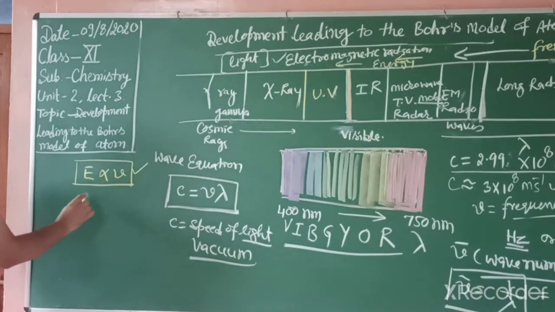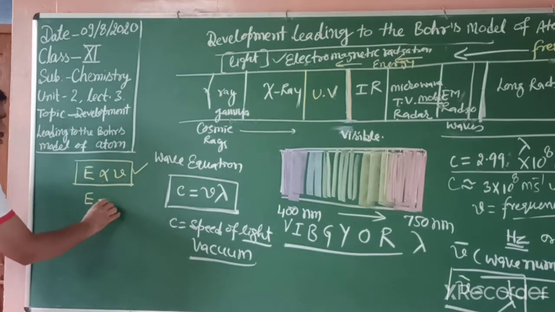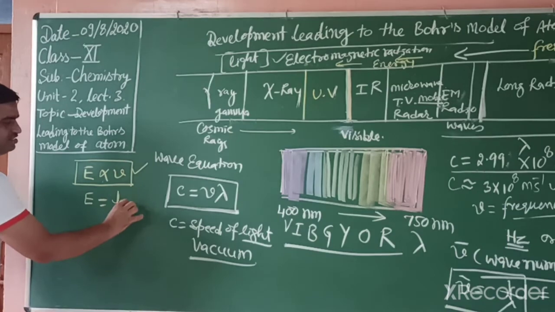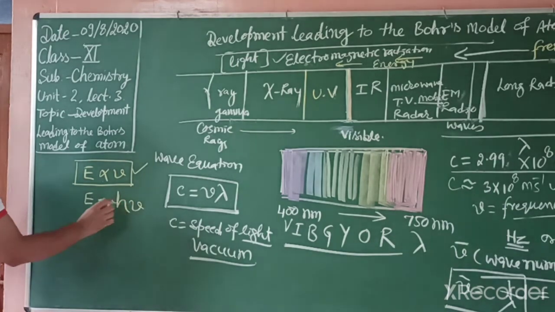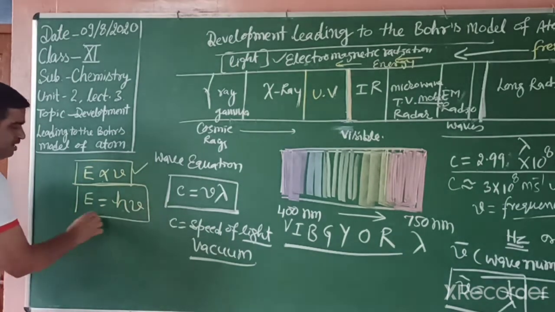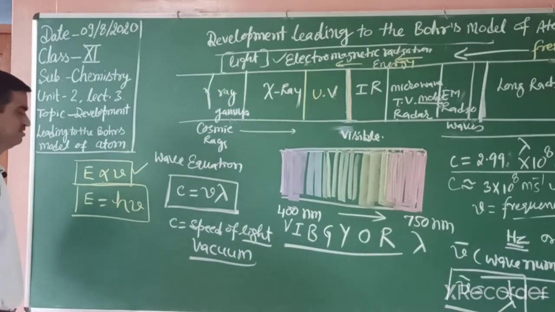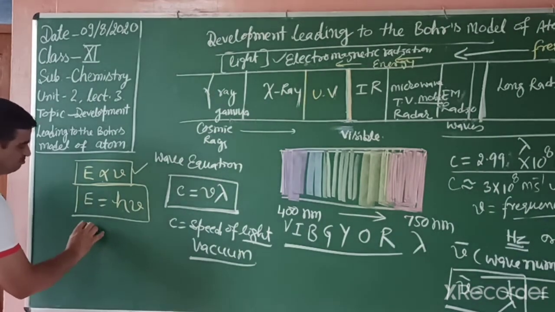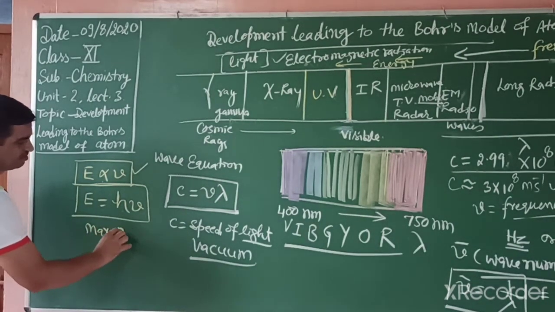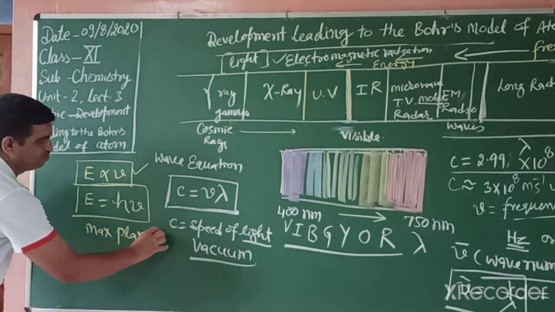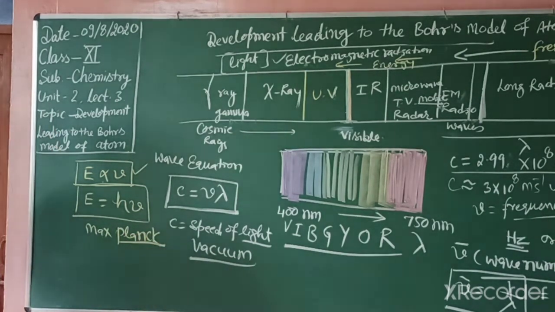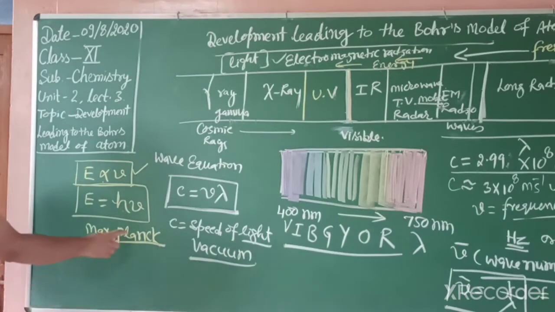When we remove this proportionality sign, then we write a proportionality constant, that is E is equal to h nu. This h was given by a scientist, the German physicist Max Planck. Max Planck gave a theory, that is quantum theory, very important. This scientist got a Nobel Prize in physics.